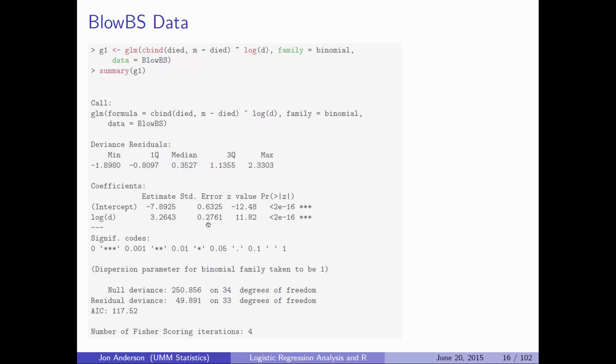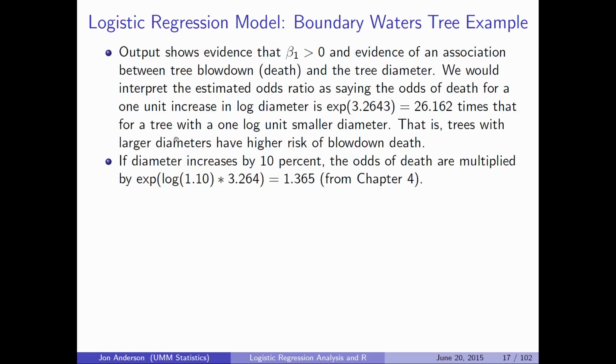Notice it is a very significant effect. So the output shows very clear evidence that for the beta 1 parameter that generated these data, there's an association between death and the diameter.